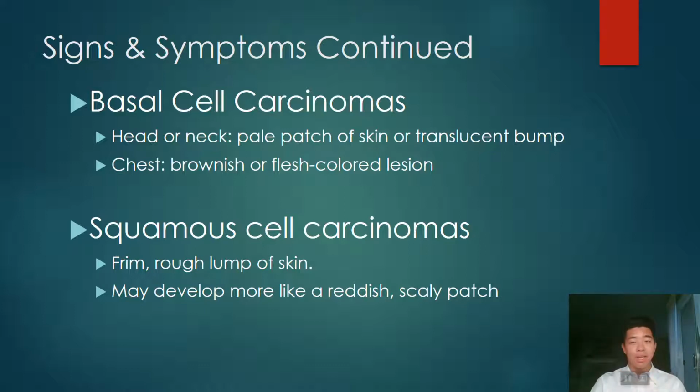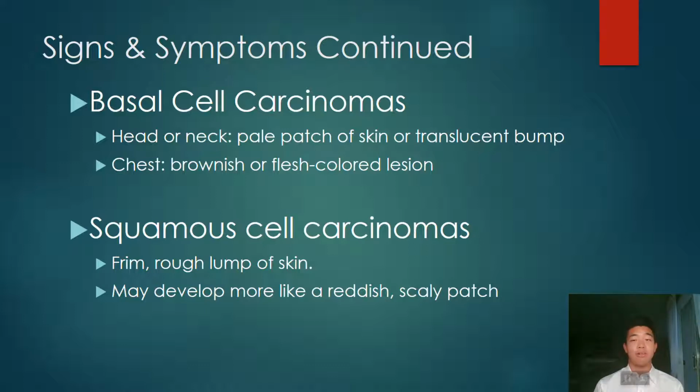I'm going to show you a picture on the next slide. But if the basal cell carcinoma develops on the chest, it may look more like a brownish scar or a flesh-colored lesion. As the cancer develops, it may bleed if injured or ooze and become crusty in some areas.